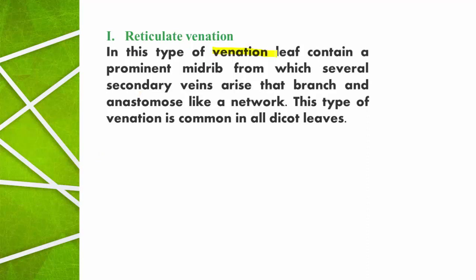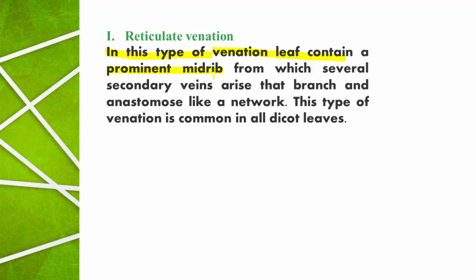In this type of venation, the leaf contains a prominent midrib. The midrib is the central thick part of the leaf containing larger phloem and xylem. Not as large as found in the stem, but compared to other parts of the leaf, the midrib contains a little bit larger vascular bundle having xylem and phloem.